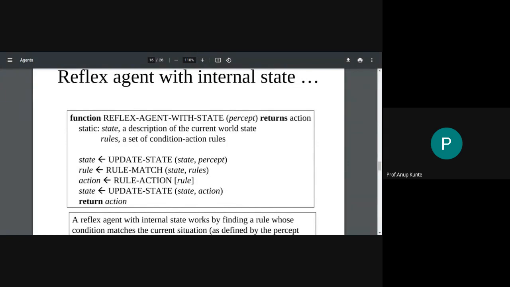This is exactly what will happen when you use state information as a persistent variable, as a static variable. So this is the description of the current world state, and it is maintained or retained across the next call. So rule match and other things are the same.